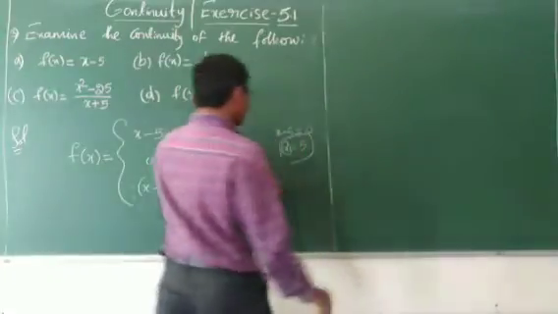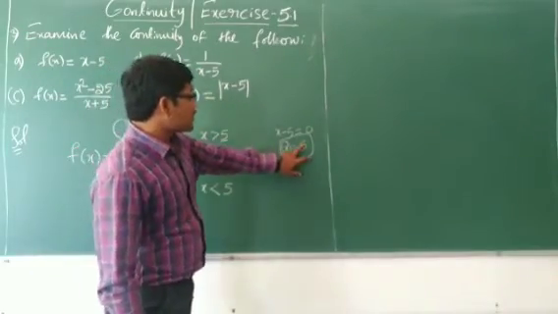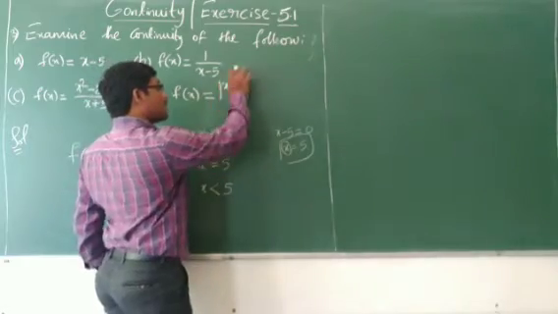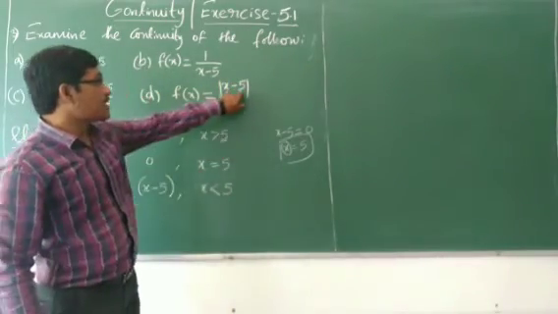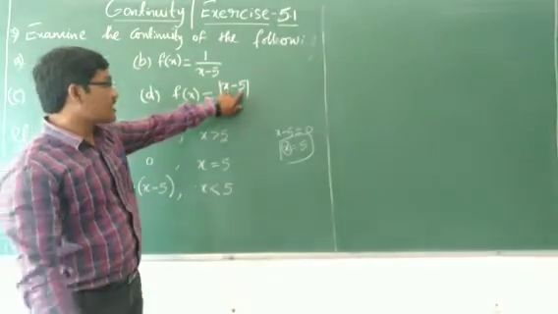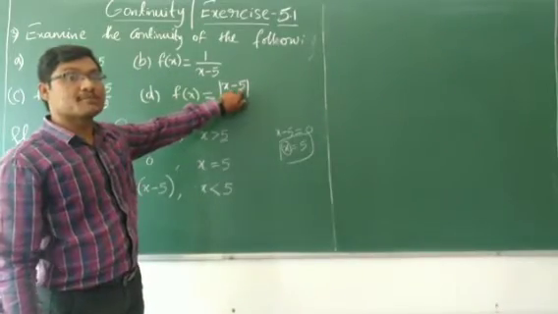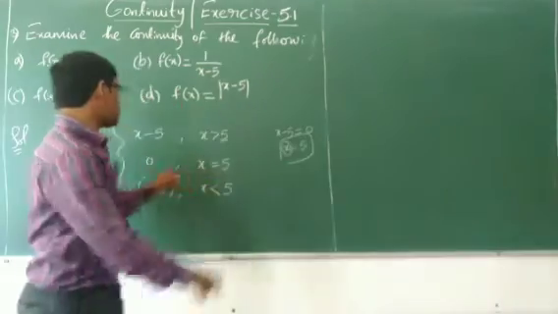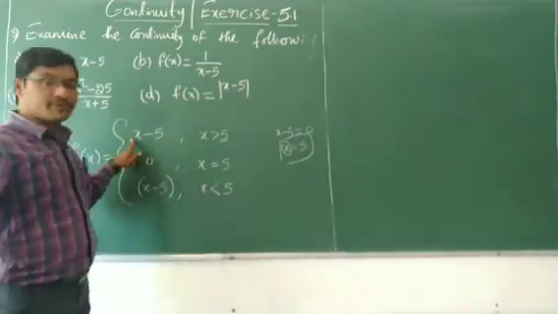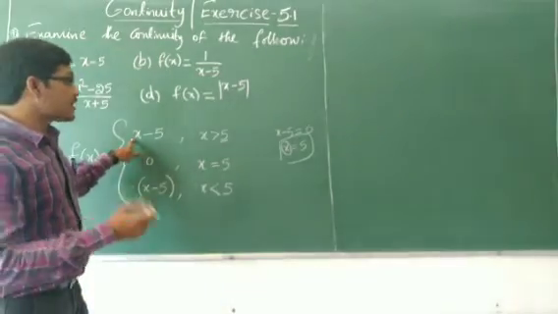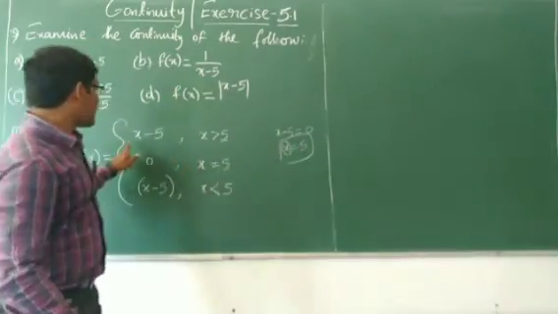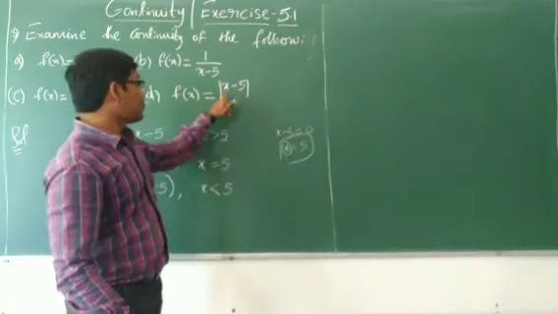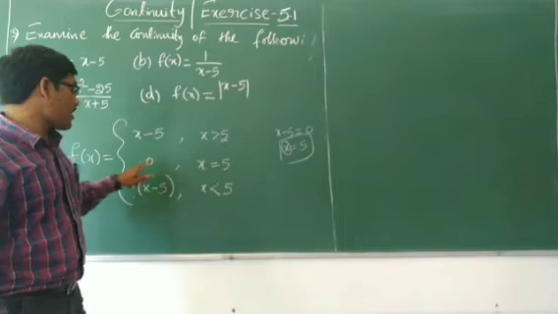Now carefully observe: if you take anything more than 5, this value will become positive. Suppose I take 6 minus 5 is 1, so this becomes positive. If I take anything more, it becomes positive, so I take plus of x minus 5. If I take exactly 5, x equal to 5, I get 0.